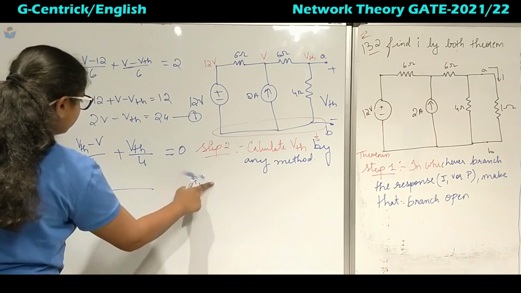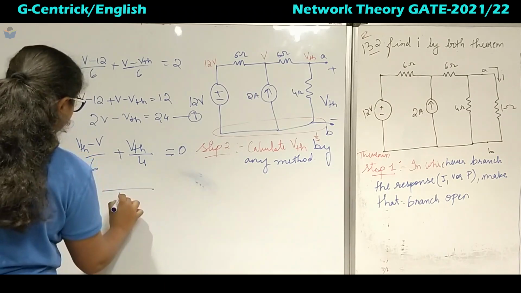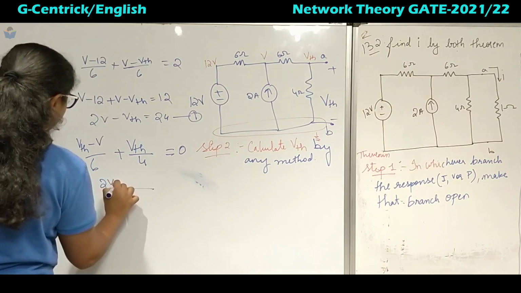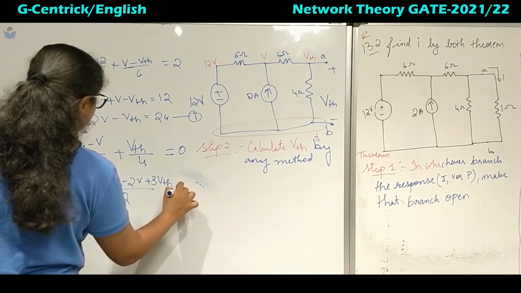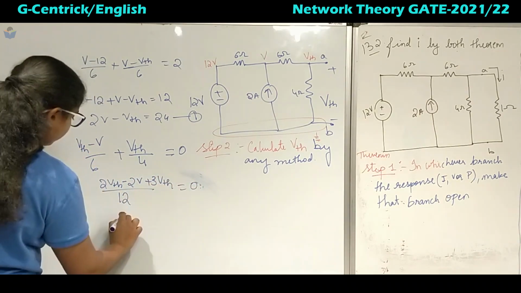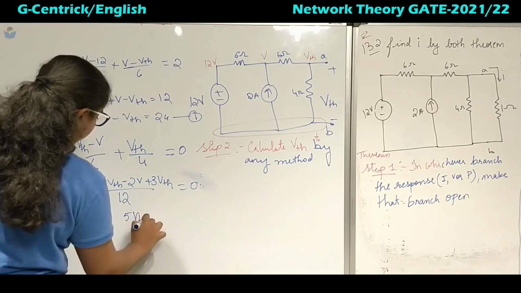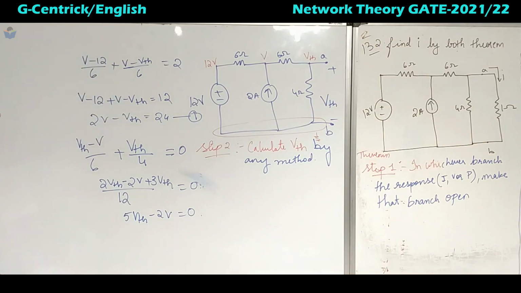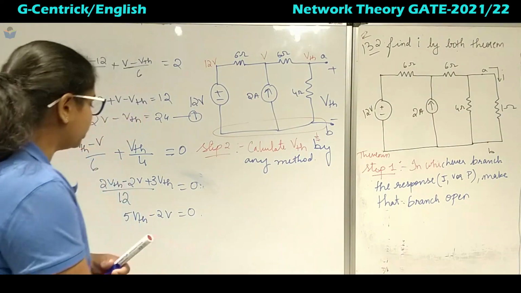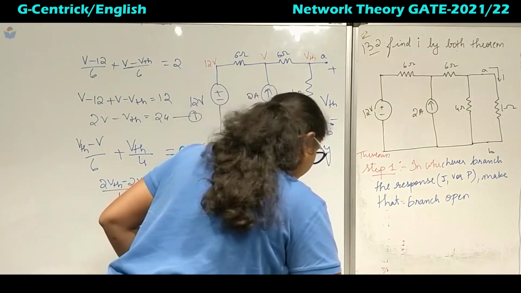So 2 VTH minus 2V plus 3 VTH equal to 0. So 5 VTH minus 2V equal to 0. Now let me check what we will get through this.